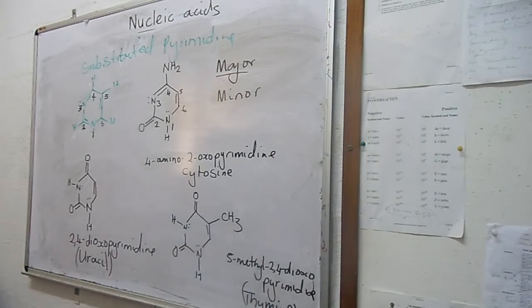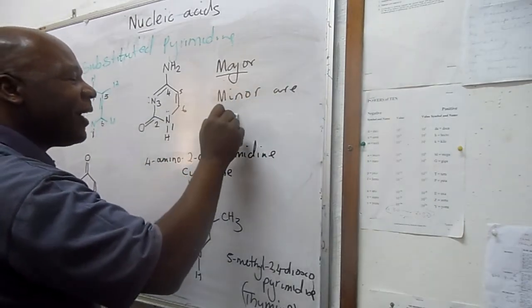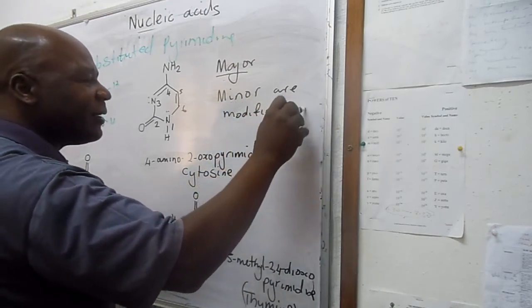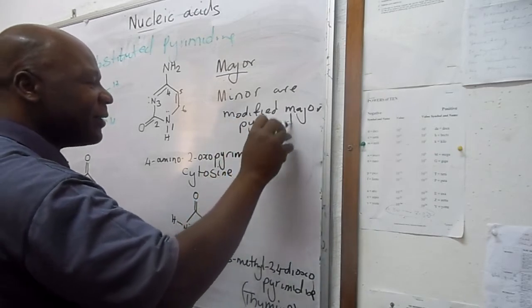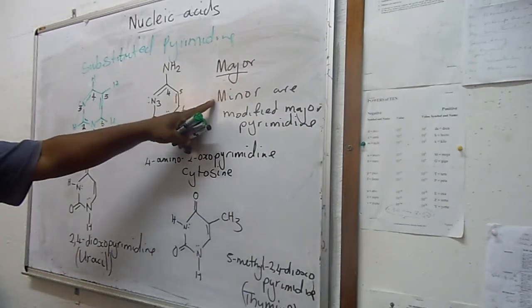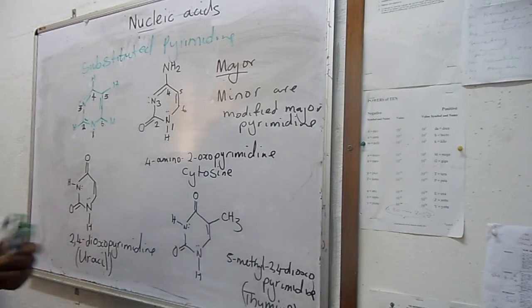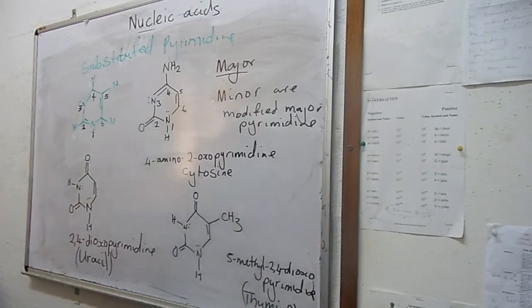What are minor pyrimidines? Minor pyrimidines, we can say, are modified major pyrimidines. So if you modify a major pyrimidine in one way or the other, what you produce is a minor pyrimidine.